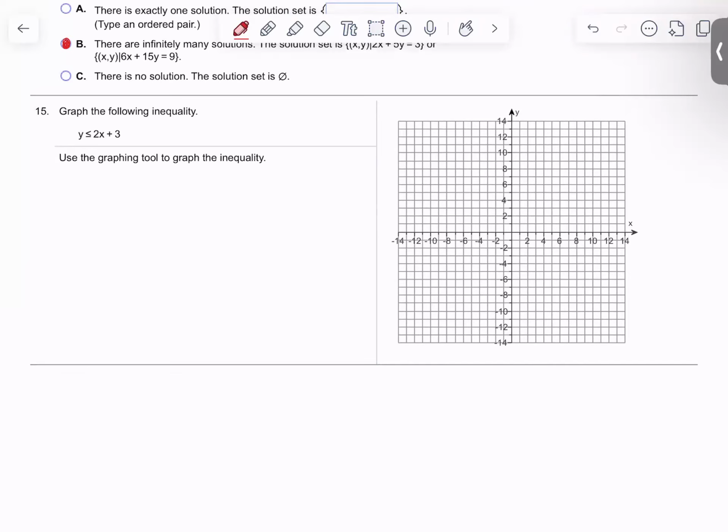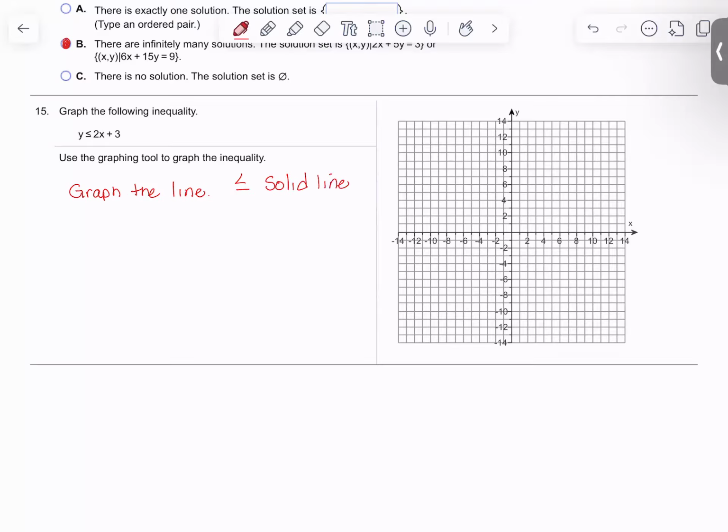So to graph a linear inequality, you're going to first graph the line. Now, since my inequality is less than or equal to, we're going to graph this as a solid line.